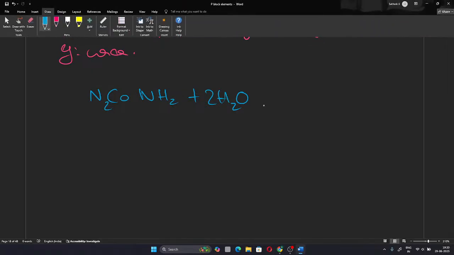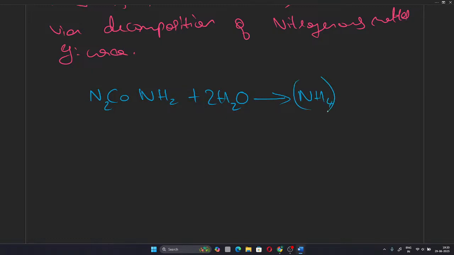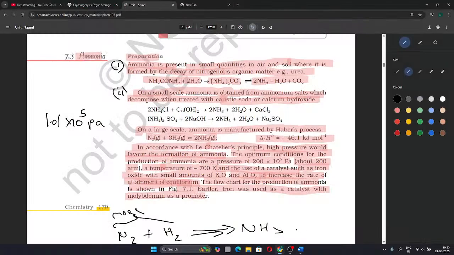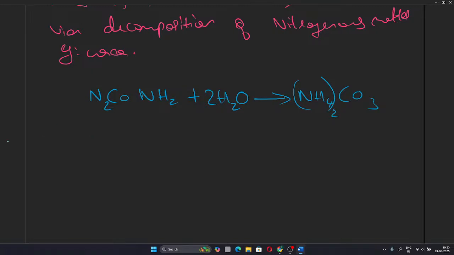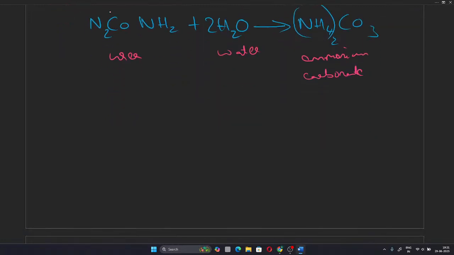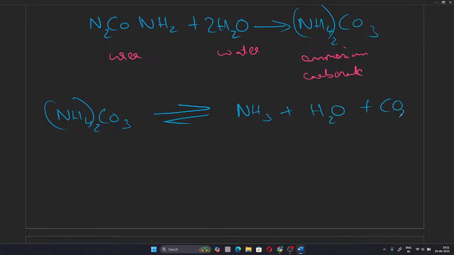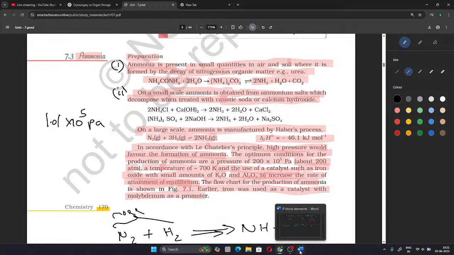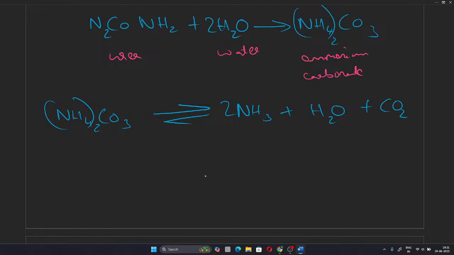This is urea, water, ammonium carbonate, then this will react to give NH3 plus water plus CO2. The balanced reaction is 2NH3, where NH3 ammonia is finally produced.